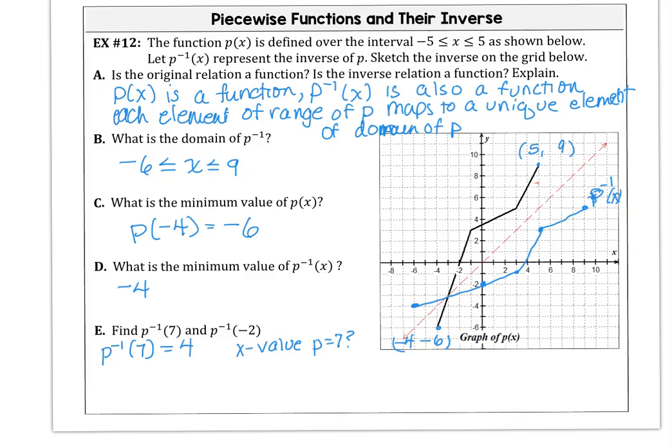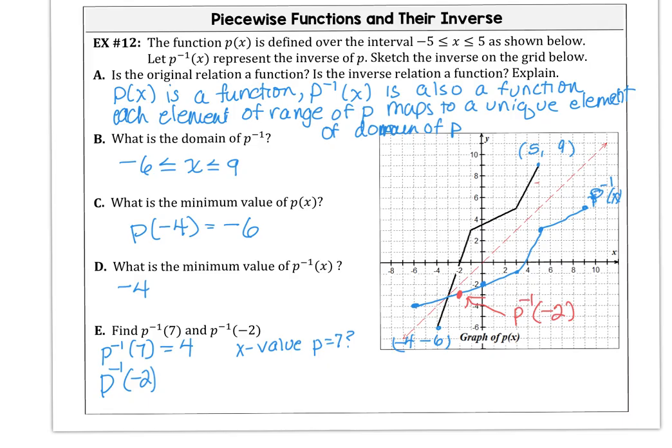And then the next one, can we find the p inverse of -2? So we're looking for the p inverse of -2. If we come over to our graph, when x is -2, I want that point right there. So what I'm looking at is the slope of this line.